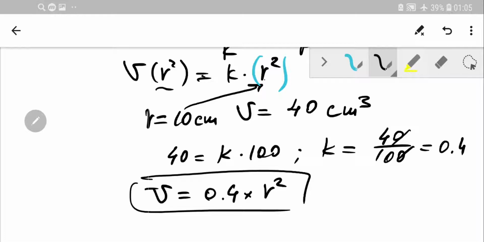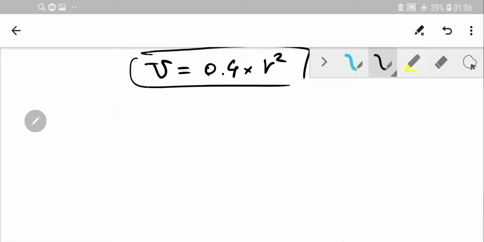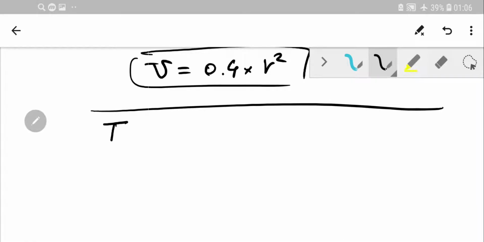All right, I think that's enough, and now we just go back and see what inverse proportionality means. Before, there were straight lines because volume or any other value was directly proportional to another value.